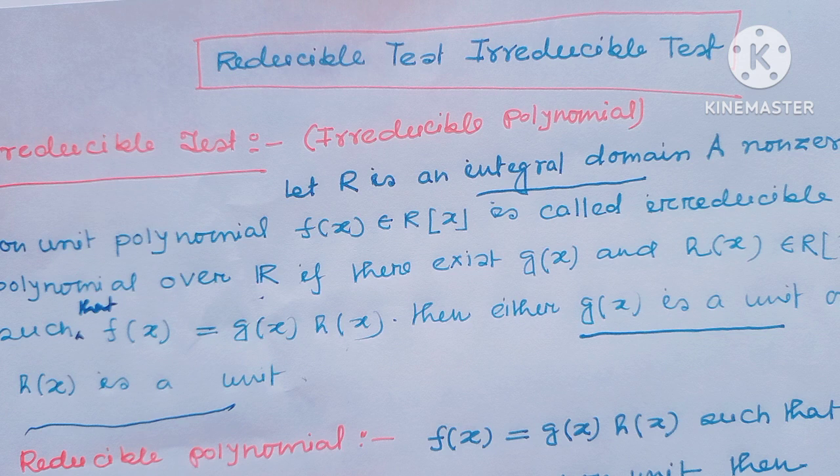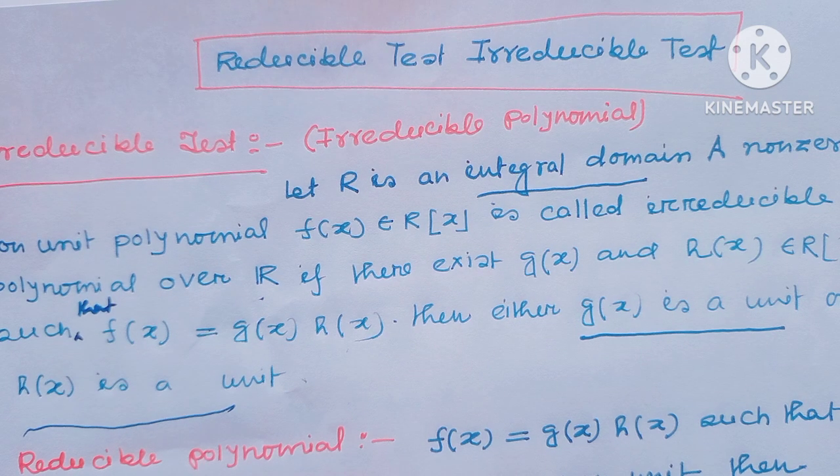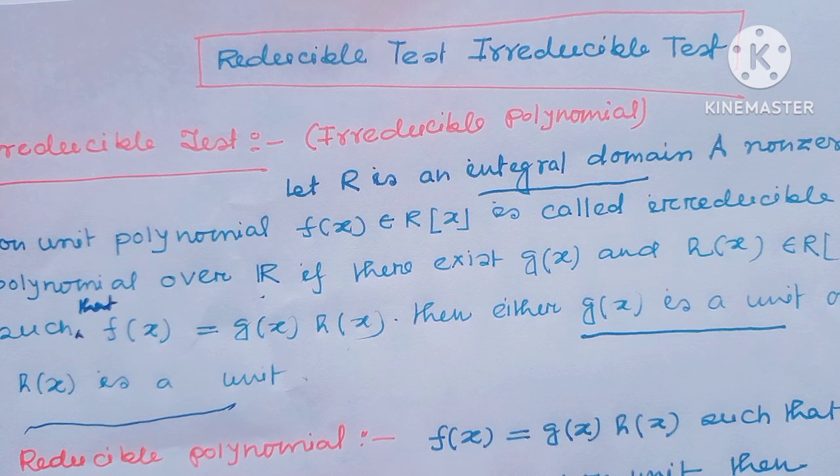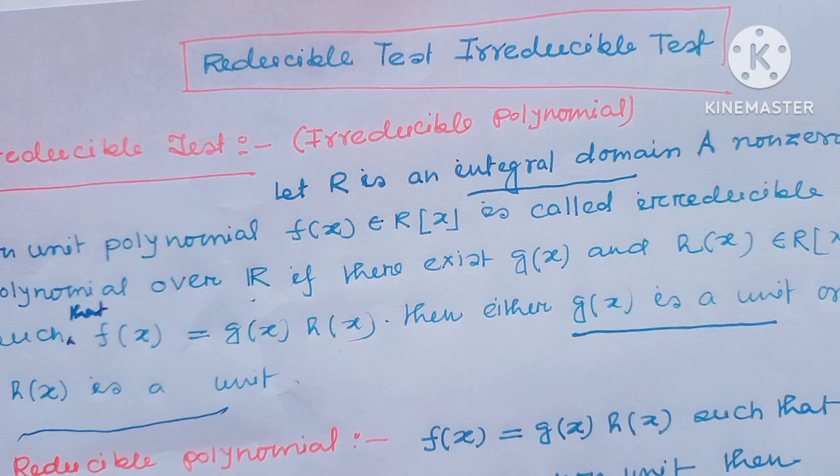If f(x) can be written as a product of polynomials, then either one polynomial is a unit or the other is a unit, and then we can tell f(x) is an irreducible polynomial.